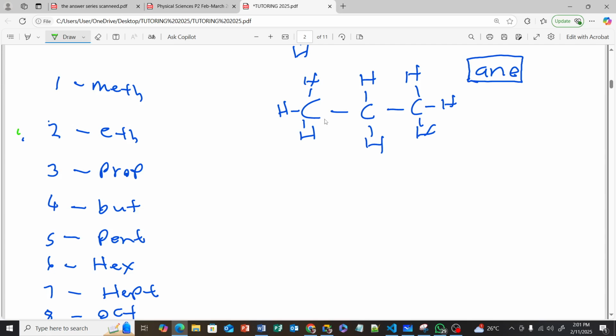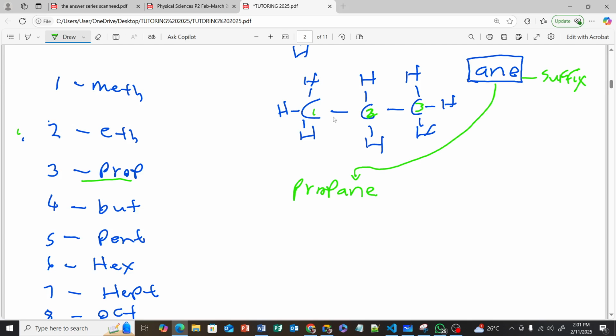So we have 3 carbons, meaning that we need to use prop. So the name will be prop for the 3 carbons. Now because it's an alkane, we are going to put the rest of the name here, A and E, as the suffix. We call this the suffix. Okay, so the full name of this molecule will be propane. So prop for 3 carbons, then A and E for the functional group, because it falls under the alkanes homologous series.